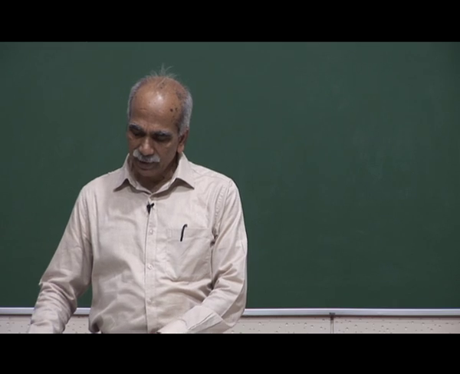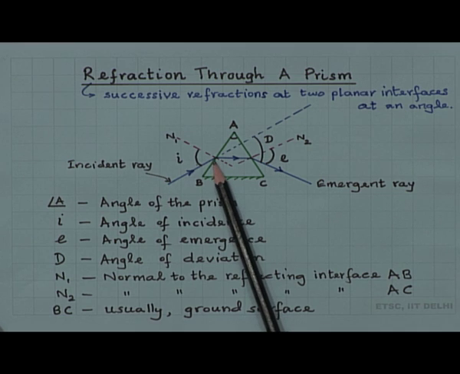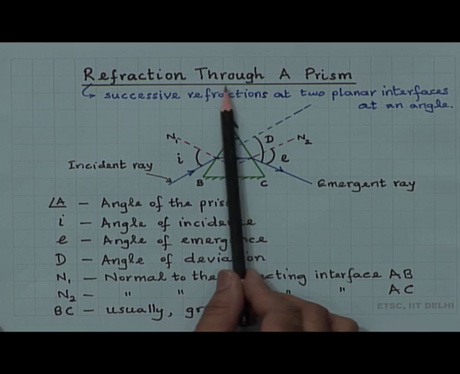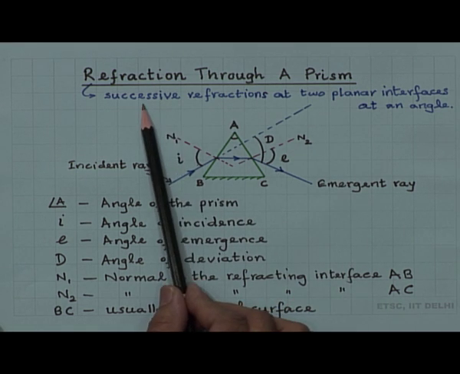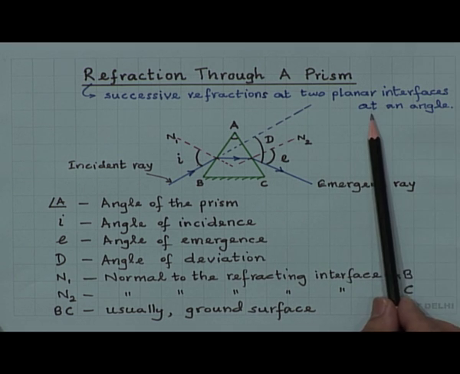So, here is the slide. What I have shown is the cross section, the top view of a prism. A ray of light is incident from here. It undergoes refraction at two interfaces, because refraction through a prism involves successive refractions at two planar interfaces at an angle.